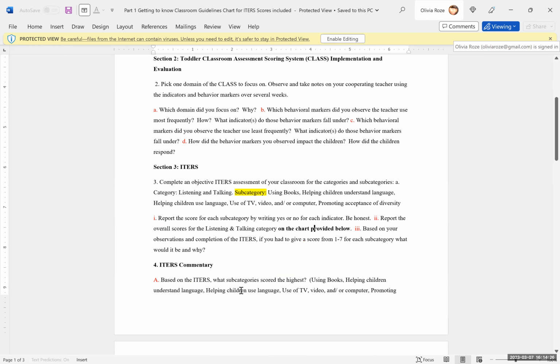Once you've observed and written yes or no for each of those subcategories, which are using books, helping children understand language, helping children use language, the use of TV and technology, or promoting diversity, you're going to give those subcategories an overall score from 1 to 7, 1 being the lowest and 7 being the highest. Let's take a look at that ITERS chart that you're going to use for more clarity.